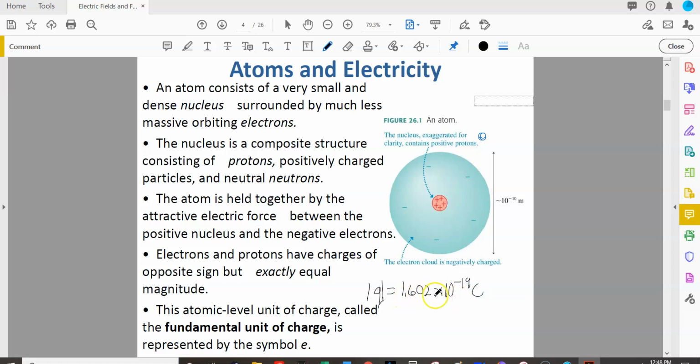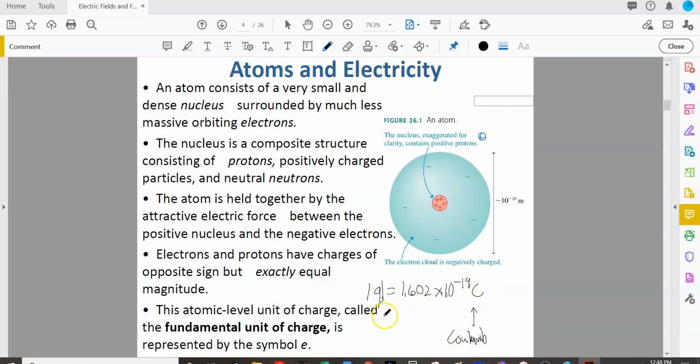So it's a really, really small number. And this is a unit called a coulomb. That's the unit of charge, capital C, which is called a coulomb.